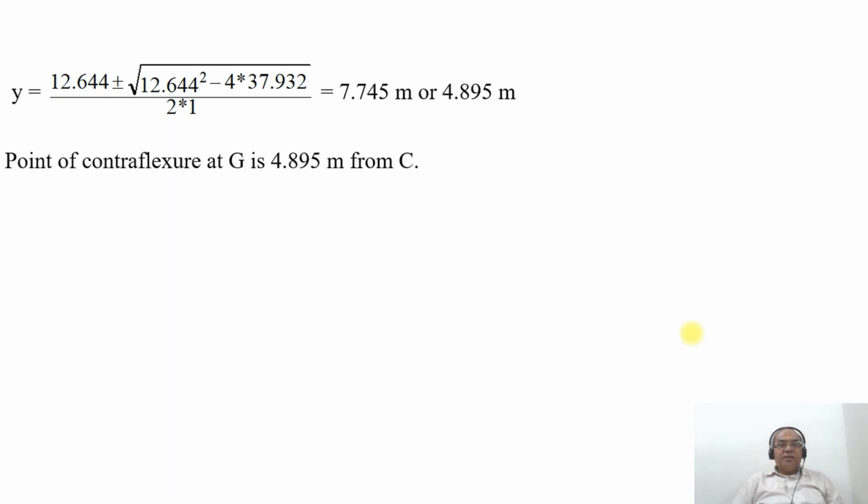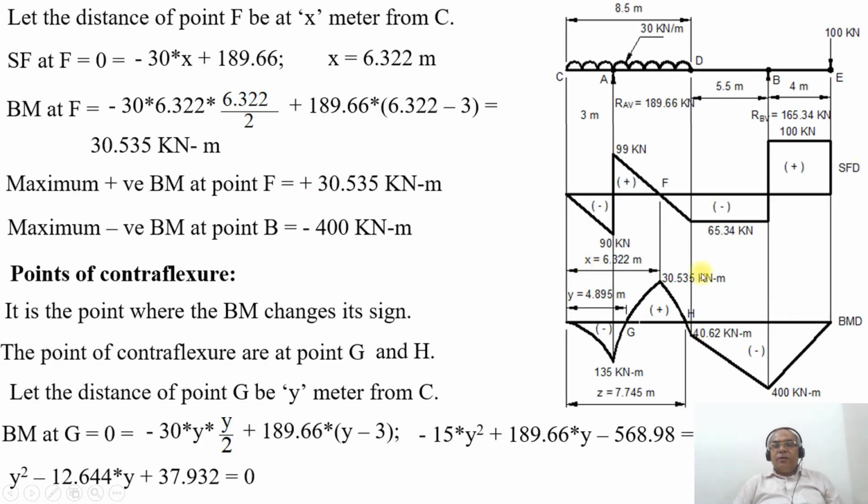Therefore, the point of contraflexure at G is 4.895 meters from C, and the point of contraflexure at H is 7.745 meters from C. So this is how you will be able to solve this particular problem. Thank you.